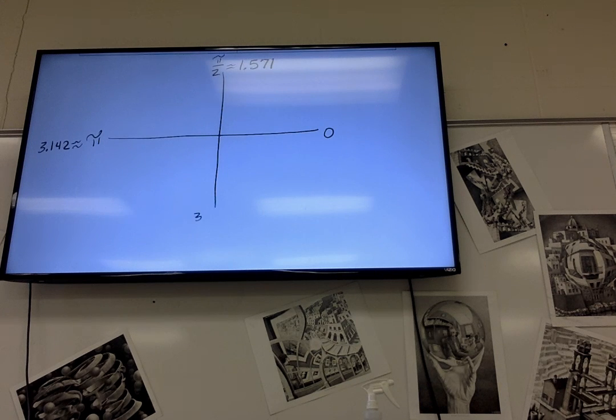This one down here is 3 pi over 2, which is approximately 3 times pi divided by 2, should be 4.712. You got it, Sean? Okay, thank you.